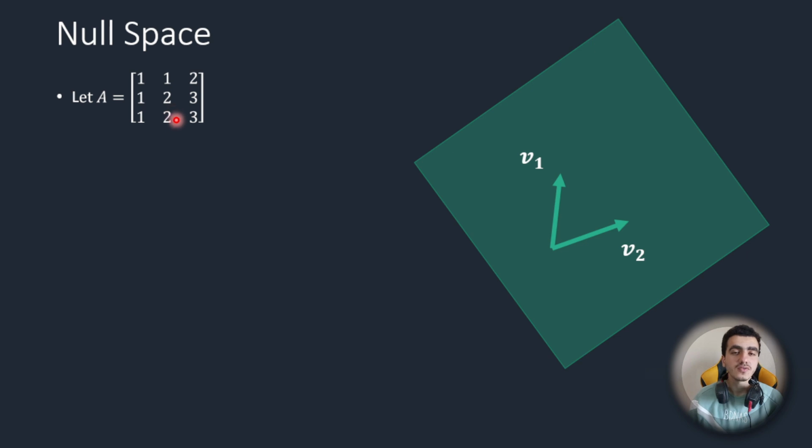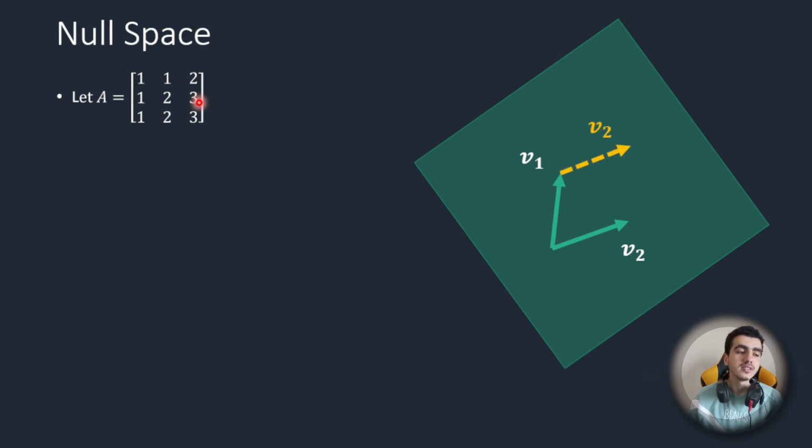But if there exists, for this example, 1 plus 1 equals 2, and 1 plus 2 equals 3, and 1 plus 2 equals 3, then this third column is actually depending on these two. Okay, so in that case, we can say this matrix is not linearly independent, or all the vectors of this matrix are not linearly independent. So this column is existing in the null space, because there exists a dependency between these vectors.